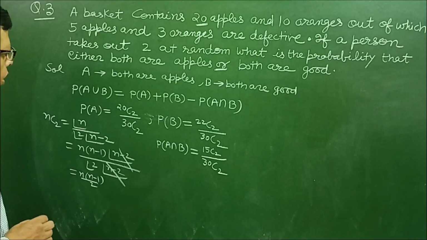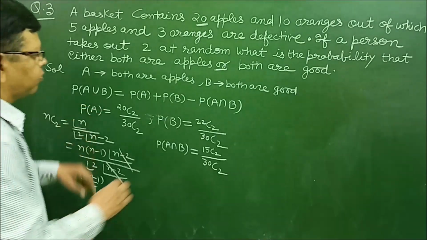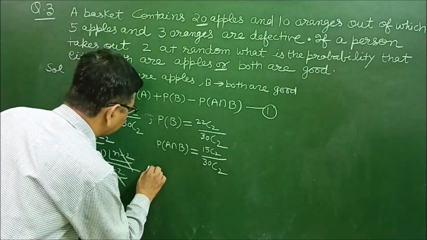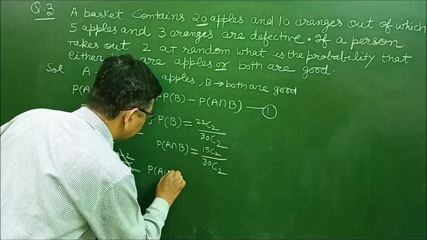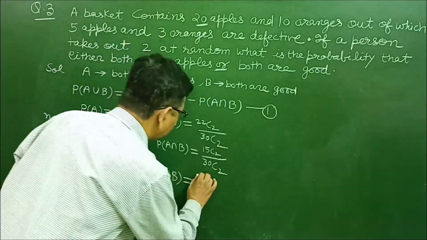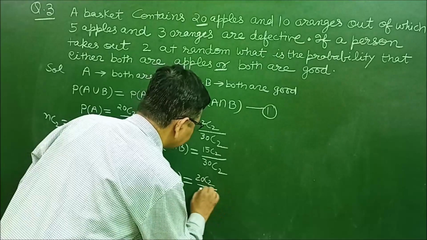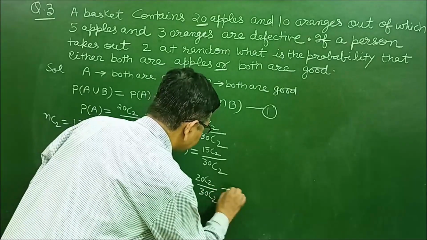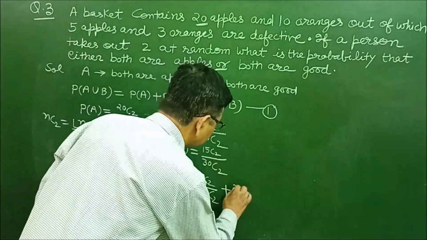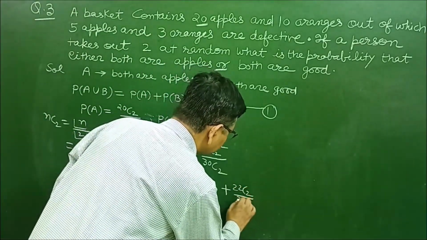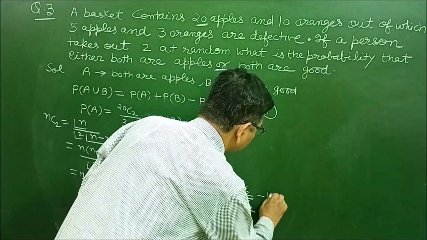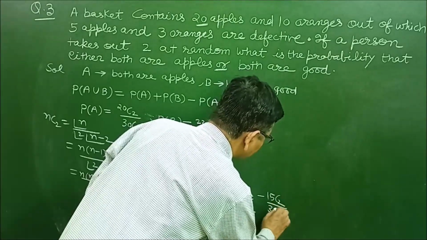Now let us put all these values in this formula number 1. So if we put all these values, probability of A union B, of A or B, is equal to 20C2 upon 30C2 plus 22C2 upon 30C2 minus 15C2 upon 30C2.